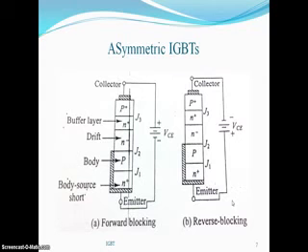But as explained earlier, J1 cannot block large reverse voltages, and now due to the presence of the heavily doped N plus buffer layer on one side of J3, junction J3 also cannot block a large reverse voltage. Therefore, the device will break down for reverse voltages. Punch-through structure will have an asymmetric blocking capability. They have faster turn-off times and are used for inverter applications.